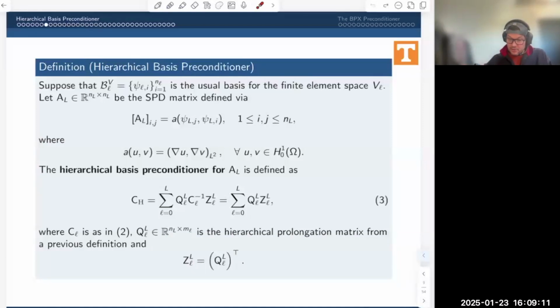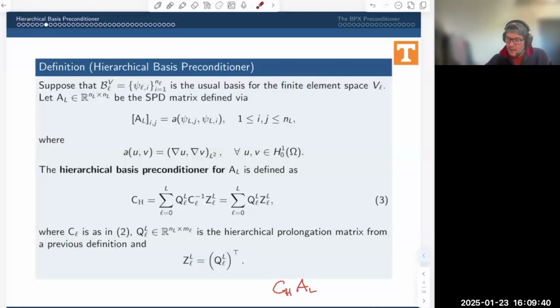Okay, that's good because a preconditioner is something that I'm going to apply on the left-hand side through multiplication to the stiffness matrix A_L. So I'm going to take my preconditioner defined as it is and multiply it on the left-hand side of A_L to give my preconditioned coefficient matrix.